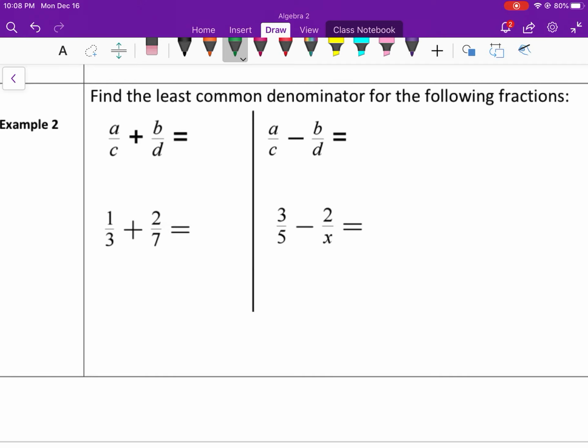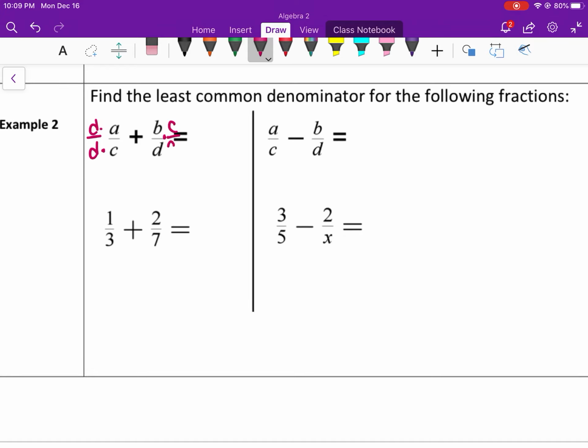If you don't have common denominators, you need to find the least common denominator. So when adding, if I have just in general a over c plus b over d, I need a c and a d. So I can multiply this fraction by d on both the top and bottom, because essentially I'm multiplying that fraction by 1, so I'm not changing it.